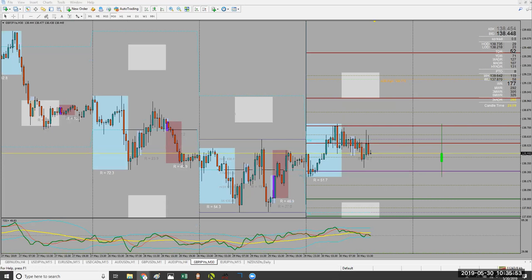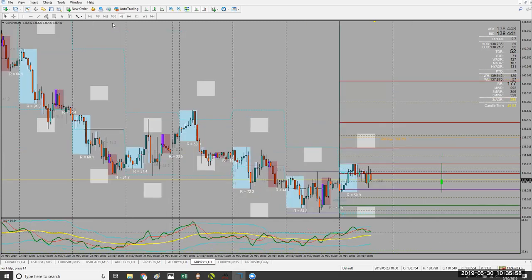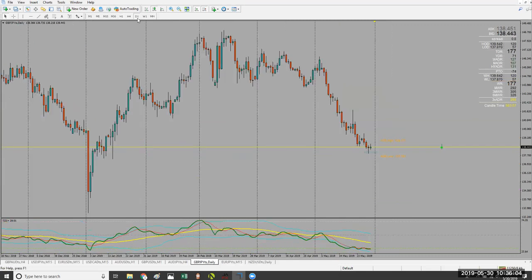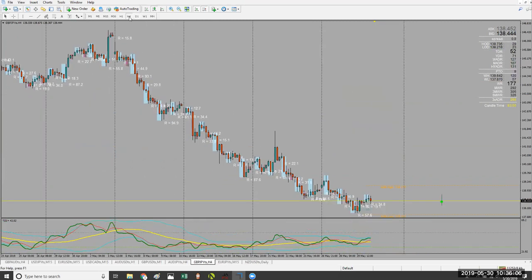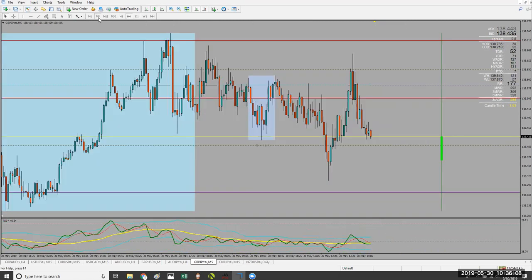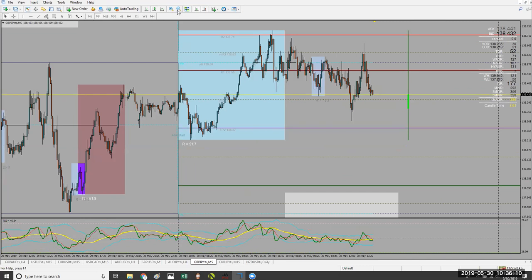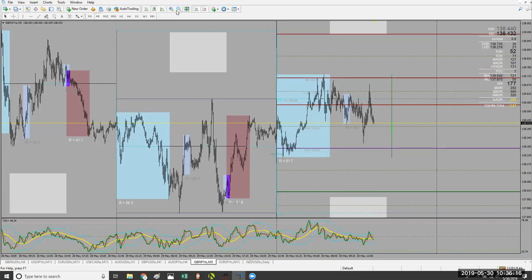This GJ. GJ is not one of my pairs. They're probably the least traded pair in my lifetime as a trader. Let's see here. Yeah, I don't see anything here on GJ.